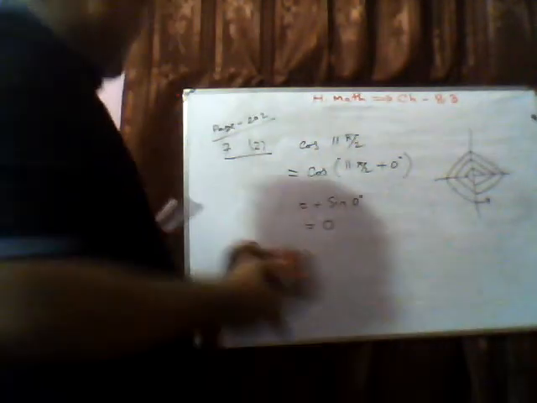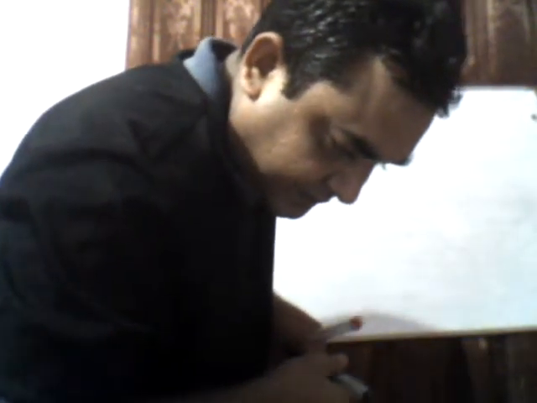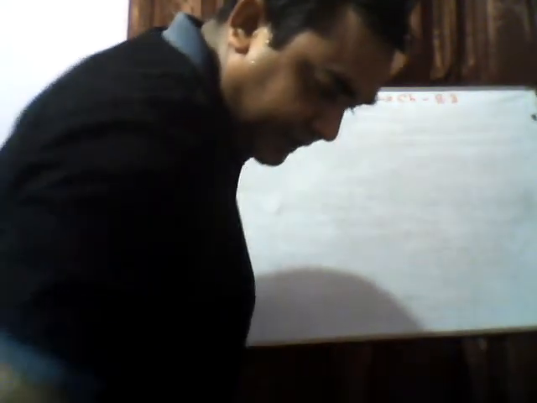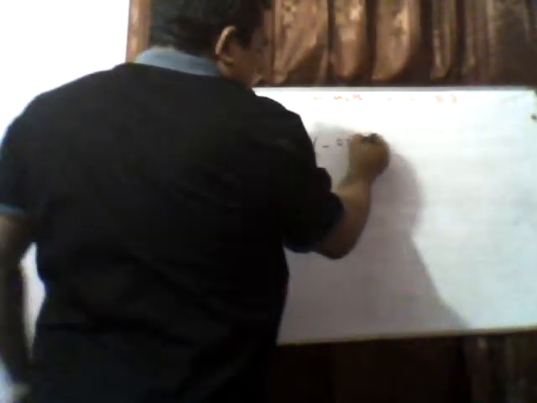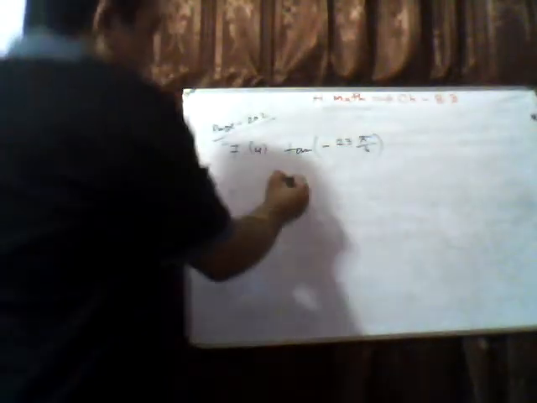Again, we solve another method. Number 4: tan(-23π/6).